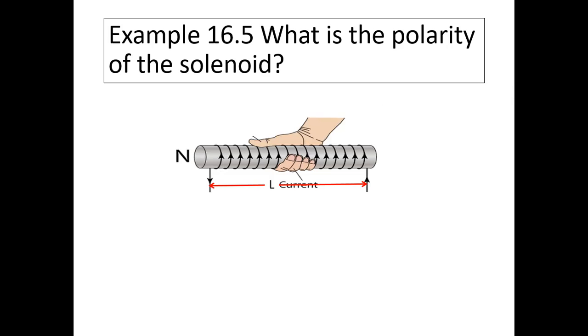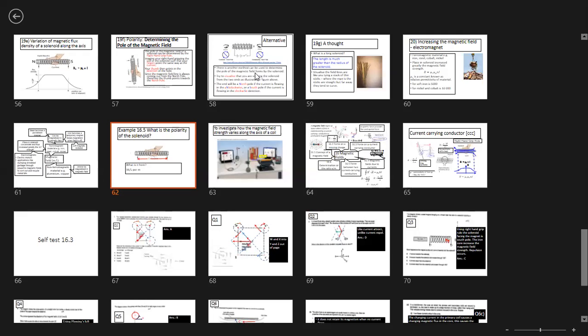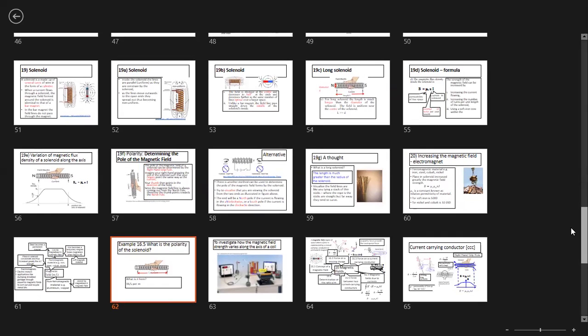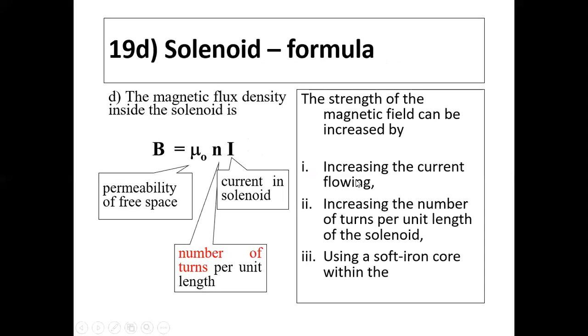Small n is the number of turns per unit length.